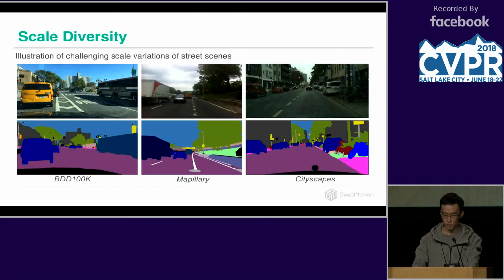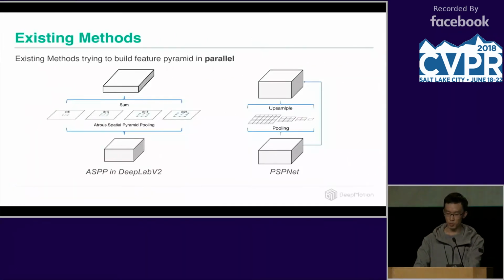Here we show 3 typical street scenes from 3 public benchmarks. We can see large-scale variation, especially caused by perspective transformation, where near objects are large, and far objects are small. Scale variation poses challenges to segmentation since pixel-level classification requires object-level information.